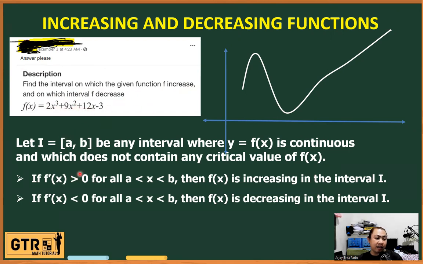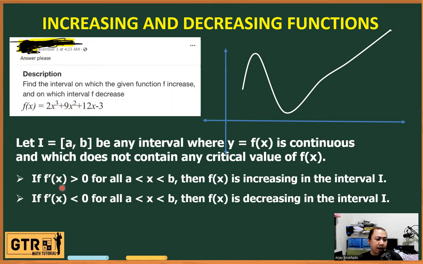So here is the definition. Let I equal a to b be any interval where y equals f of x is continuous and which does not contain any critical value of f of x. So there is no critical value in this interval a to b.